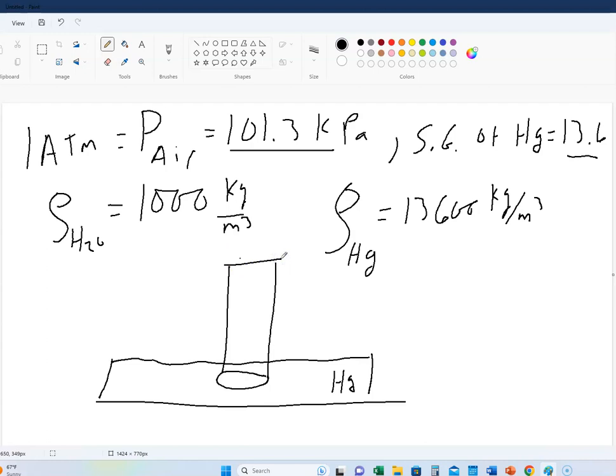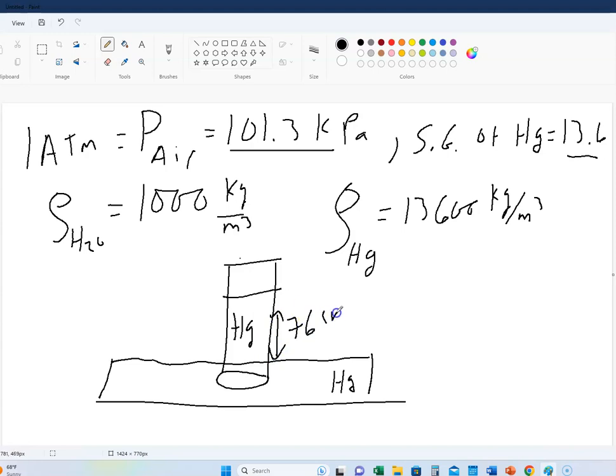He basically invented the first barometer, and he found that the mercury inside of this test tube would rise 76 centimeters.